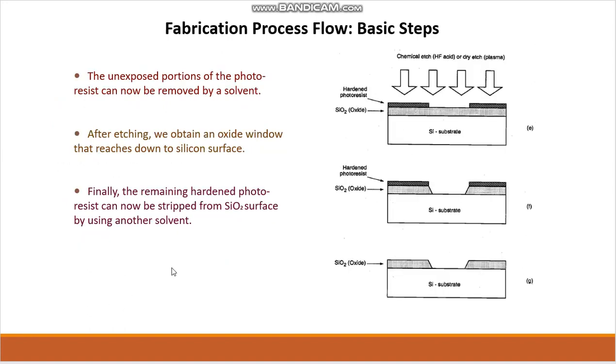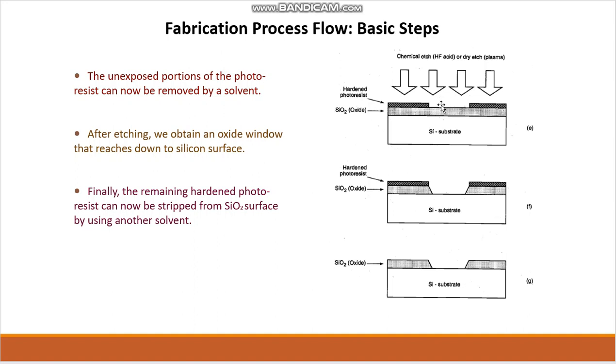Next, in this slide, we can see in figure E that the hardened photoresist will stay as it is, whereas the softened photoresist will be chemically etched away by means of HF acid or dry etch plasma.